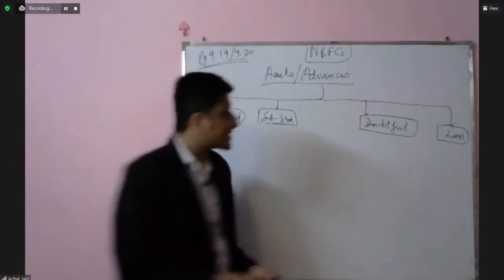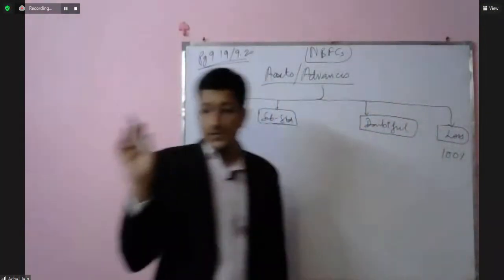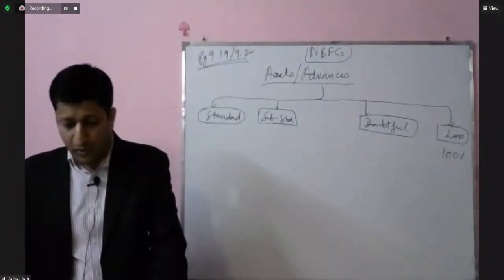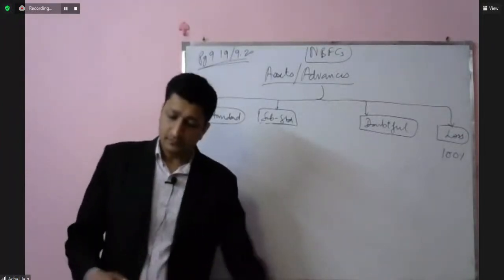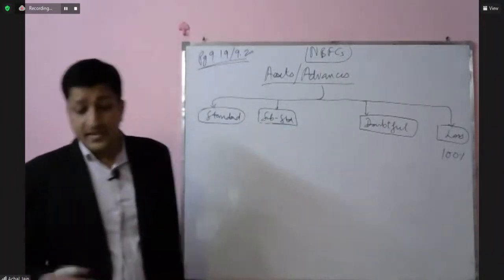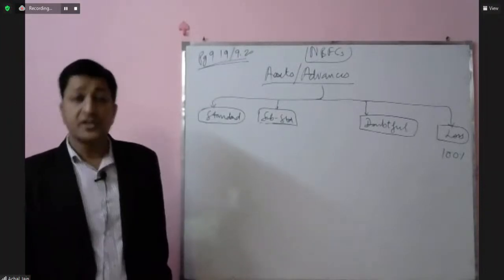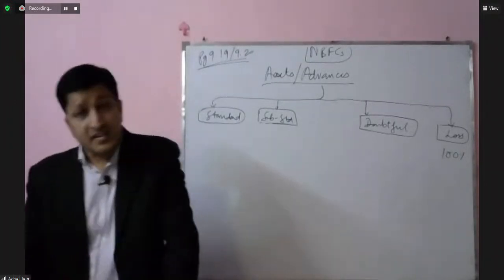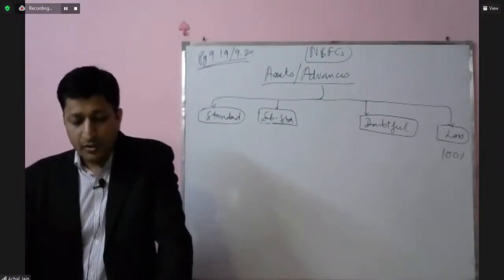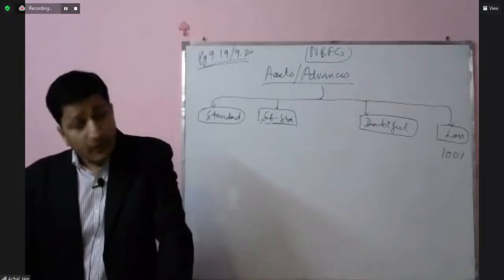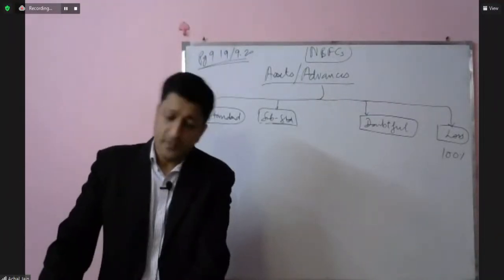Now for loss assets, what's the provision? 100%. For loss assets, the provision will be 100%. In case the assets are doubtful, then 100% provision should be made to the extent to which advance is not covered by realizable value of security. Okay, that means unsecured part is 100%.